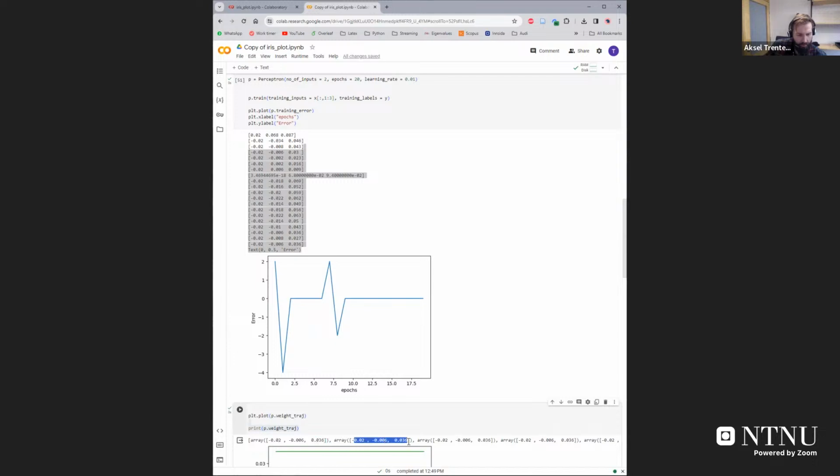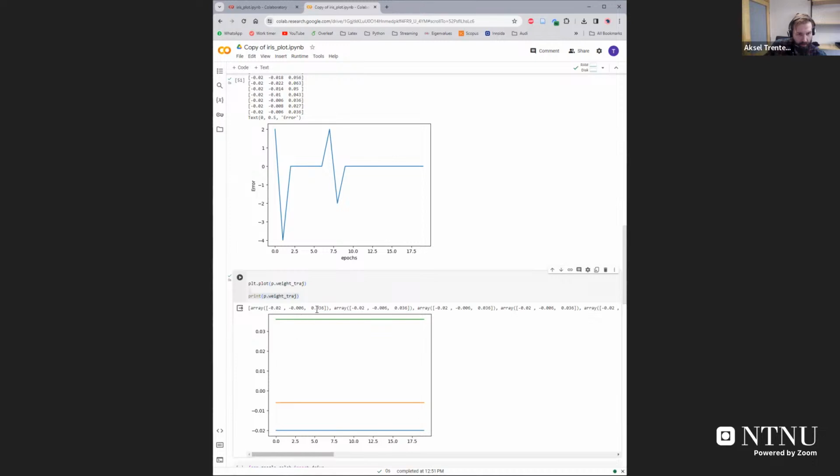And there are 3 values, but why is that not the same as these? Yeah, just towards the very last epoch.